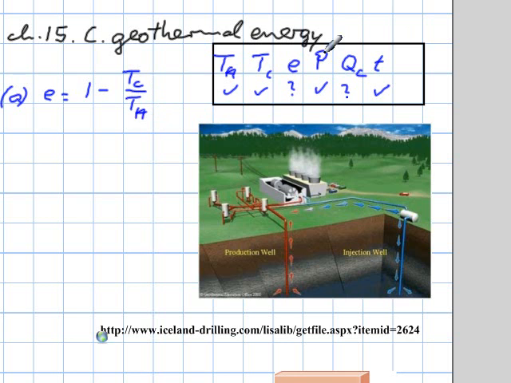So here all we have to do is plug in the numbers, and you come up either with a decimal or as a percentage.